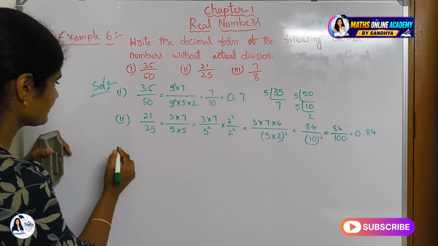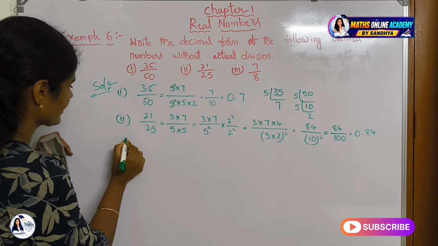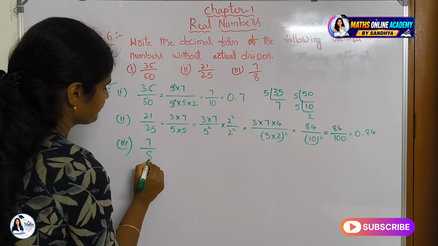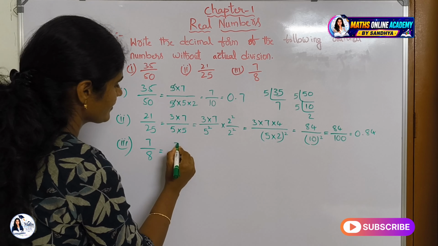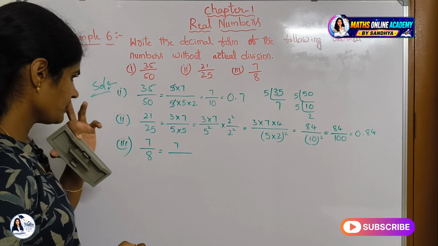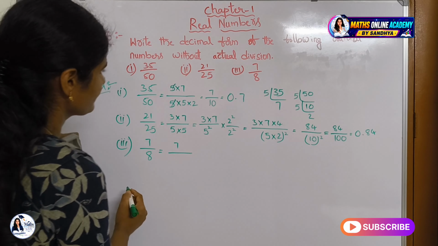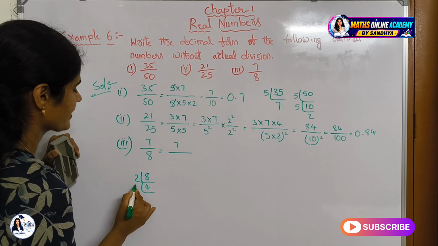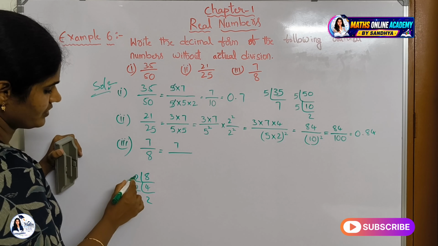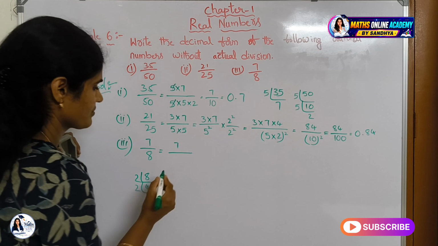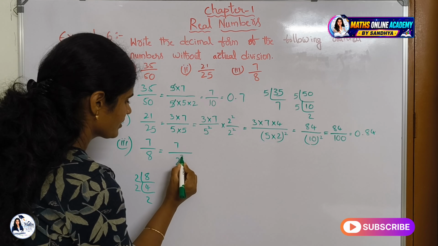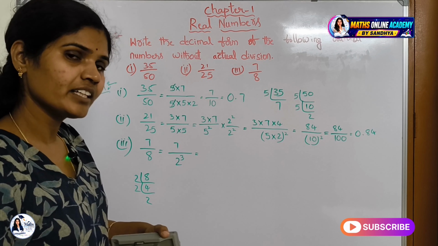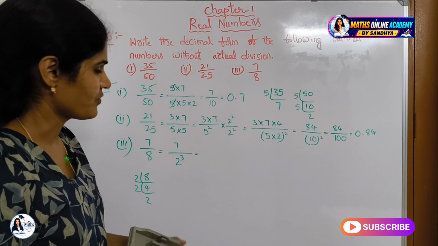Next one is 7 by 8. For 8, in factorization, 2 is how many times? 3 times. So you can write 2 cube. In this we are simplifying and converting into decimal forms.